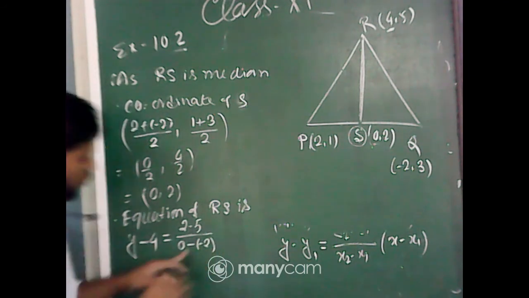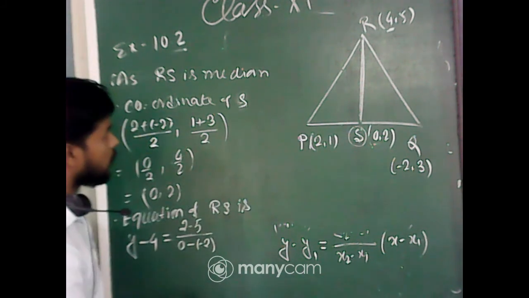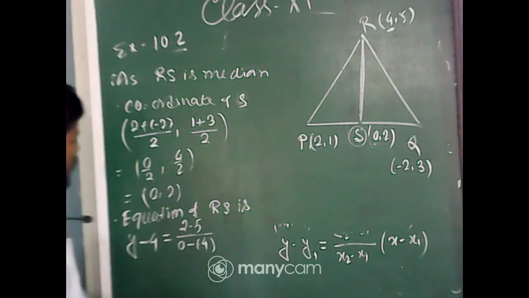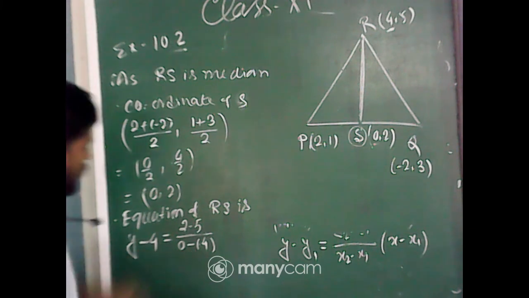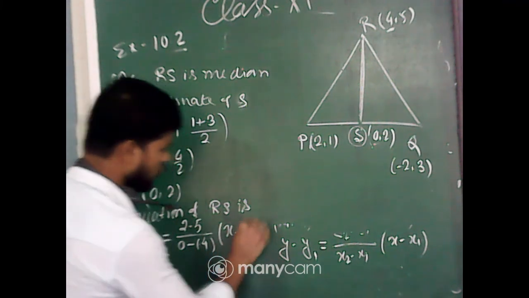So (y2 minus y1) by (x2 minus x1) into (x minus x1), that is equal to 4.